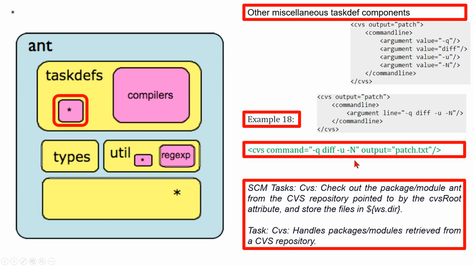Here silently, -q, create a file called patch.txt containing a unified -u diff which includes new files added via cvs add -n and can be used as input to patch.